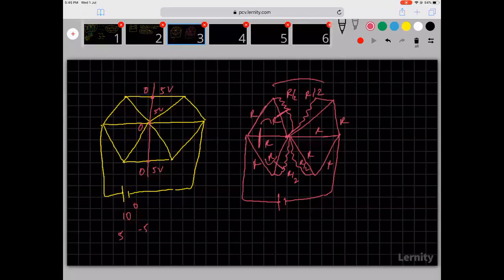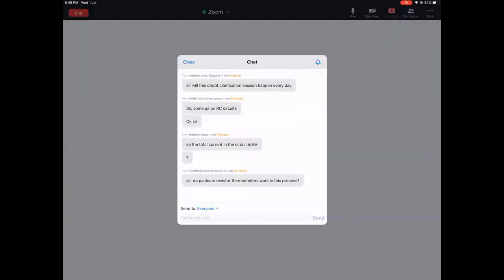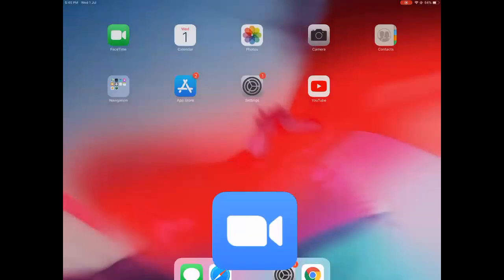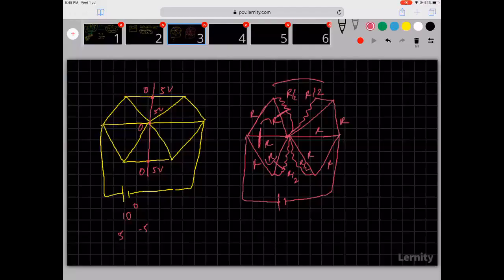Quickly, please work it out and see if you're able to get it.